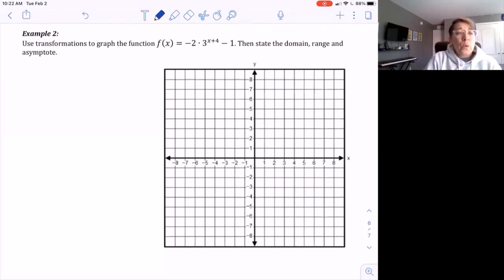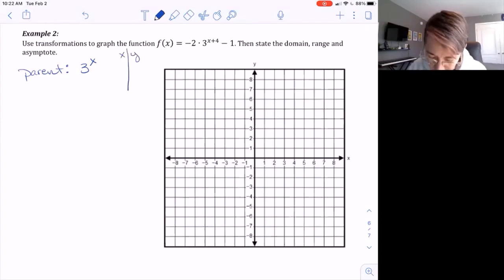In this example, we want to use transformations to graph the function f of x equals -2 times 3 to the x plus 4, minus 1. Well, our parent function would be 3 to the x. So we can graph that one first, maybe dotted.